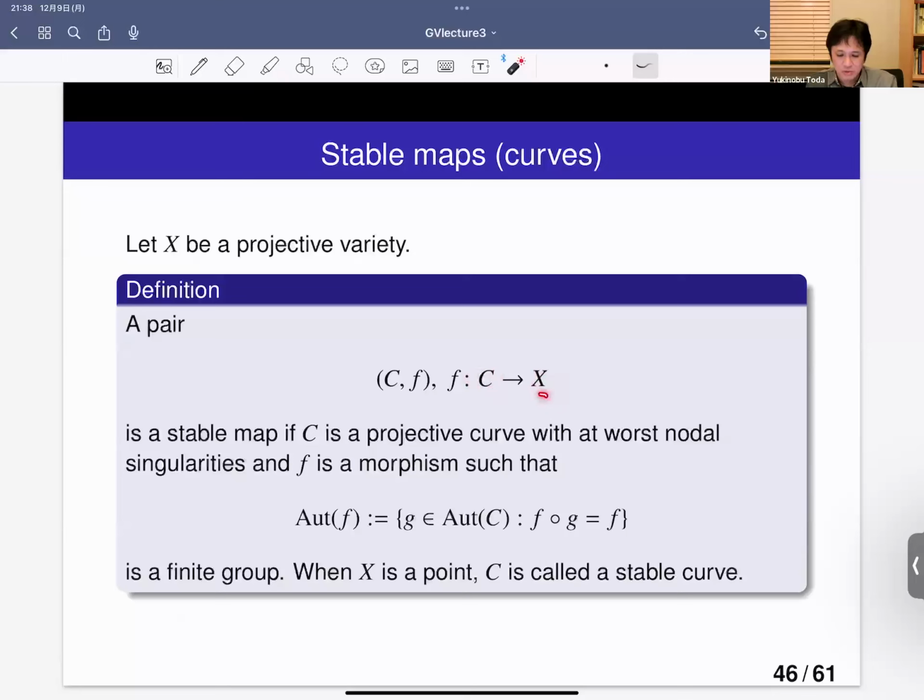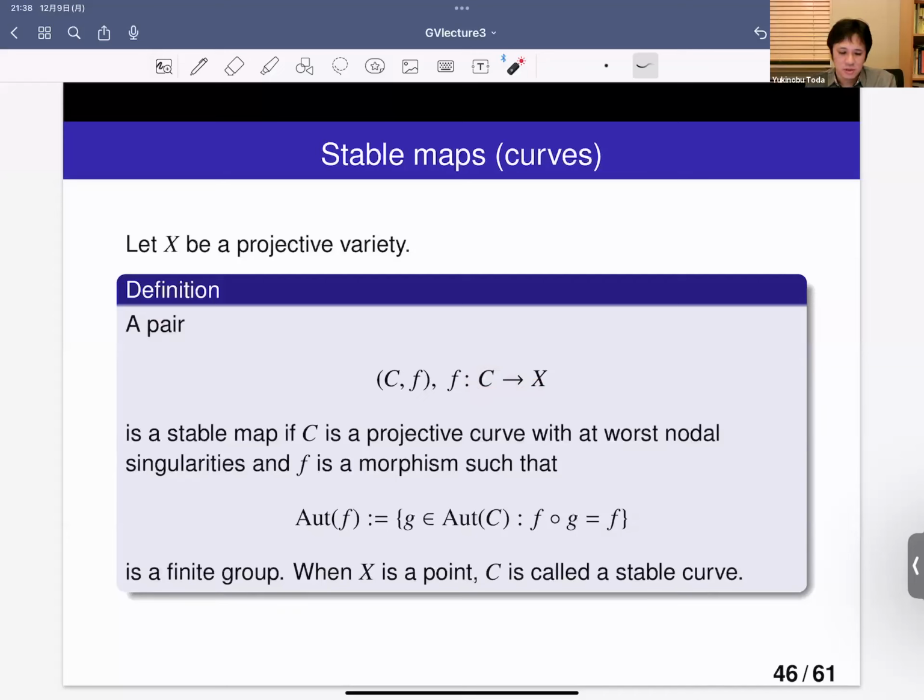Here I also fix some ambient space, but I don't assume that this map is an embedding. If this is an embedding, I could also consider the ideal sheaf and again consider the moduli space of sheaves. But in considering Gromov-Witten theory, we consider not a sheaf but a map. So this map is not necessarily an embedding.